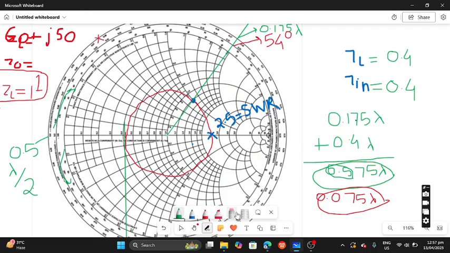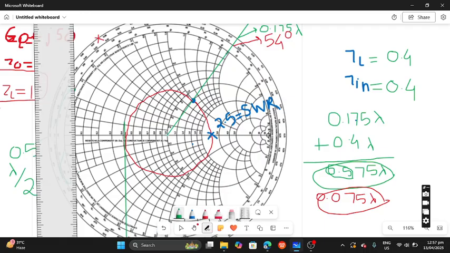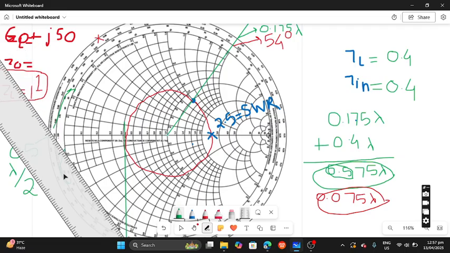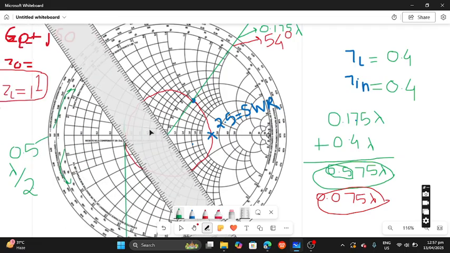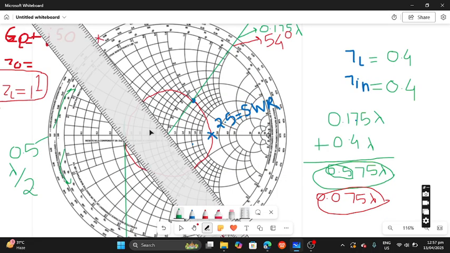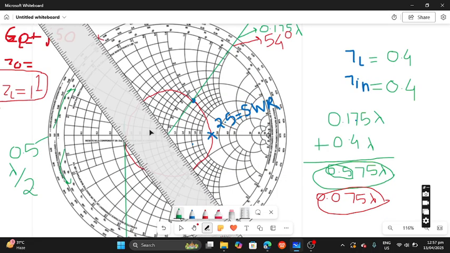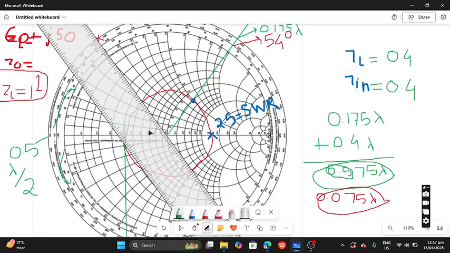So now again I will take the scale. I guess here.